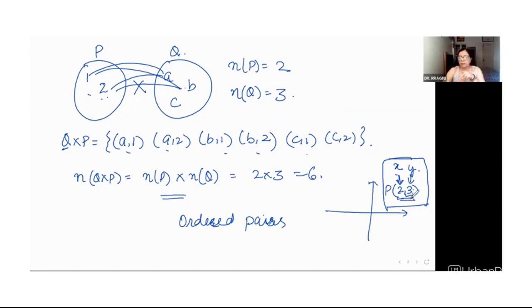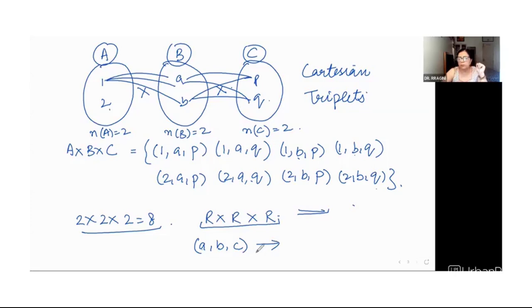Because it is a two-dimensional plane. Right now, we are concerned with only length and breadth, or you can say 2 dimensions. When we involve the third dimension into this, it is called Cartesian space, or simply we can call it space, right? A point in a space.